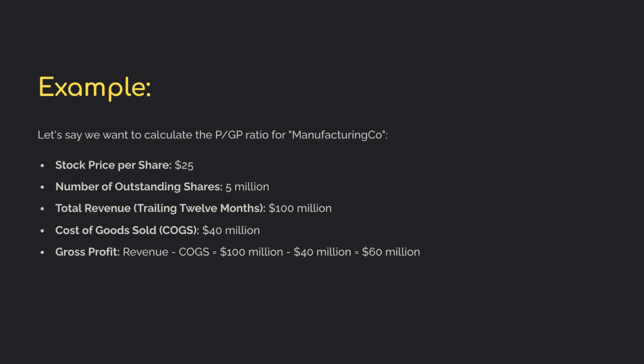Example: let's say we want to calculate the PGP ratio for a manufacturing company. Stock price per share $25, number of outstanding shares 5 million, total revenue trailing 12 months $100 million, cost of goods sold COGS $40 million, gross profit (revenue minus COGS) equals $60 million.